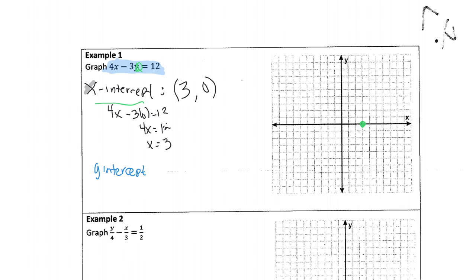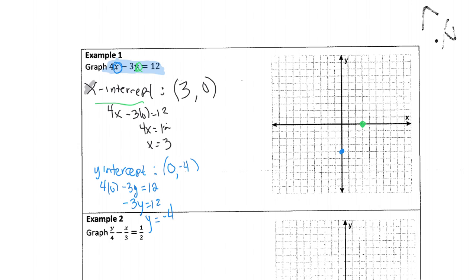My y-intercept is written as 0, comma, a number. Okay, and that's when we plug in 0 for x. So we do 4 times 0 minus 3y equals 12. So we have negative 3y equals 12. Y equals negative 4. So our point is 0, negative 4.